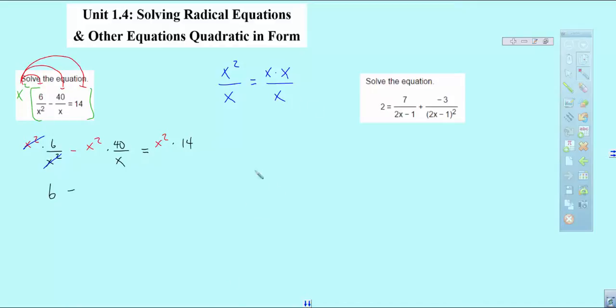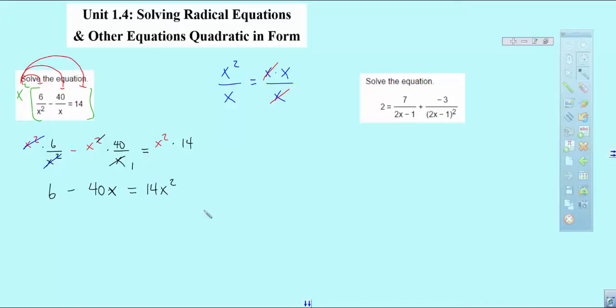So an x on top and an x on the bottom cancel, and that leaves us with just a plain old x. So those cancel, that cancels. That leaves us with 40 times x, or 40x, because we have one x right here on top, equals 14x squared. There's nothing to rationalize here.